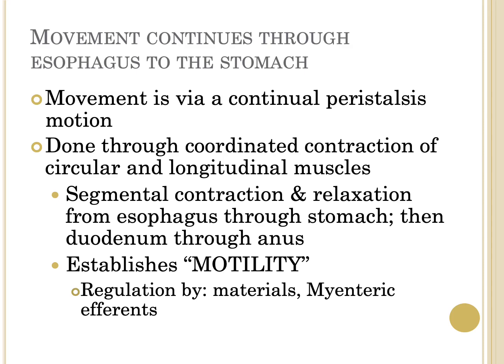The rate of motility is going to be regulated based off of the materials that are being digested, the regularity that those materials are being seen, and any type of myenteric efferent activation through regulations by the autonomic nervous system.